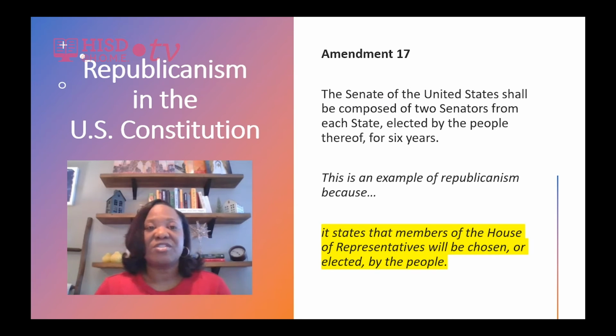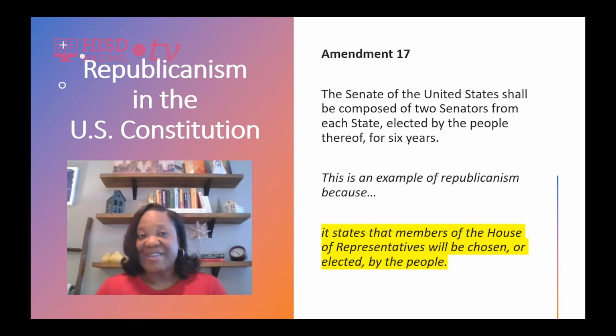Republicanism in the US Constitution. Let's look at Amendment 17. It says the Senate of the United States shall be composed of 2 senators from each state, elected by the people thereof for 6 years. This is an example of republicanism because, so I've provided a sentence stem for you.